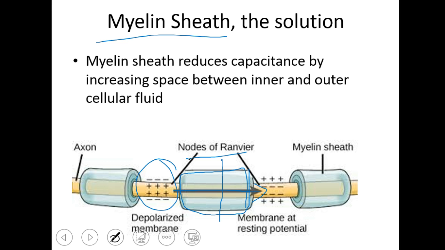And so what this does is this kind of fast circuits, right, the current traveling through that nerve cell, and allows it to jump from place to place instead of having to also build up that potential in this area. And so it allows it to build up, build up, build up, and then zap right across to that next node where it builds up again.